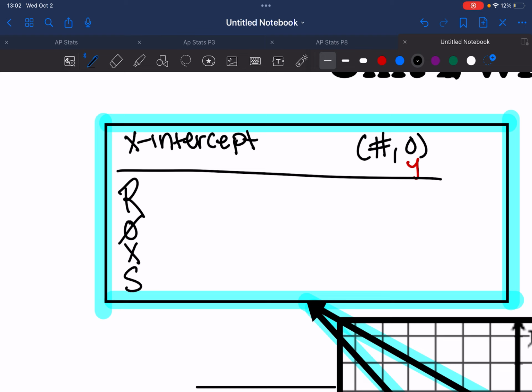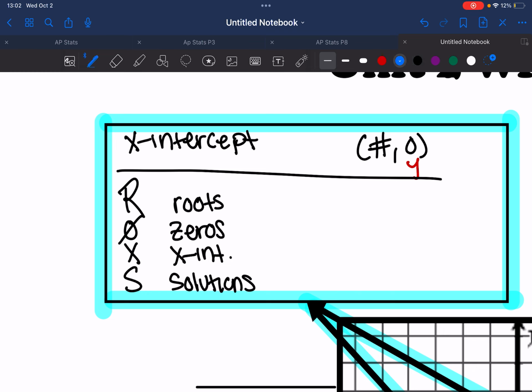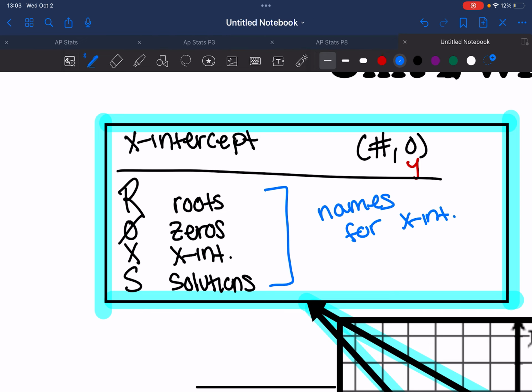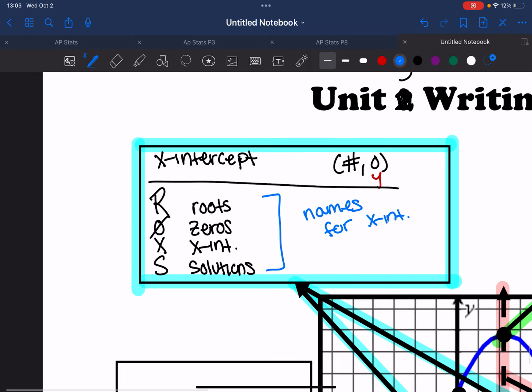What ROCKS stands for is roots, zeros, x-intercepts, and solutions. These are all names for the x-intercept. So if the question is asking you to find the roots, it's asking you to find the x-intercept. If it is asking you to find the solutions, again, it is asking you to find the x-intercepts.